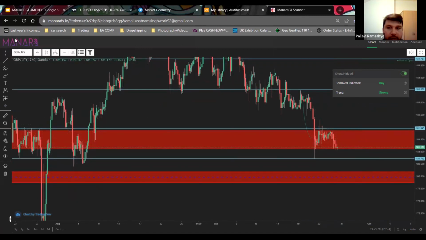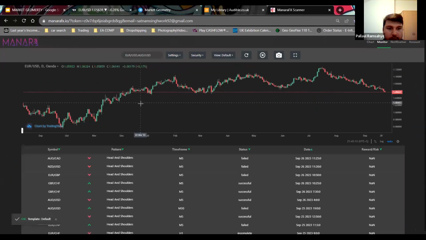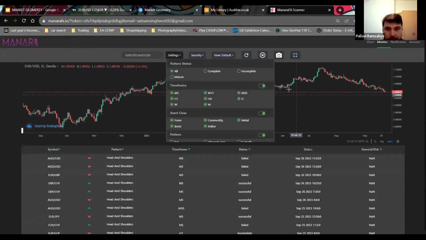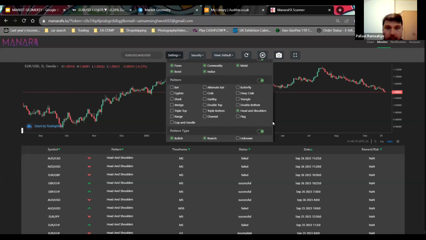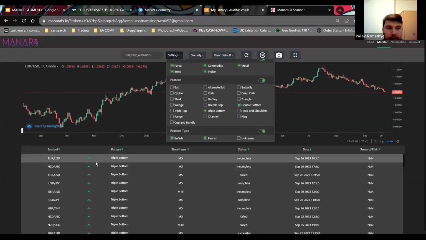These are the two zones that I'd drawn out for a buy on GJ. So let's look at a few patterns. Let's see what patterns are on here. There's no rectangle pattern in Monero yet. They should be bringing that out soon, adding it to the list of patterns on the scanner. But for right now, let's look at the double bottom and the triple bottom.